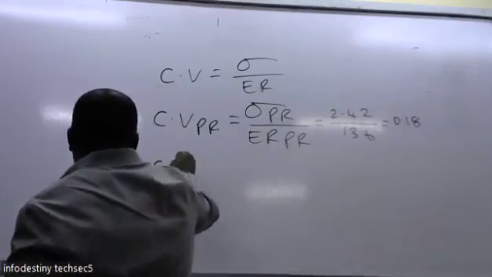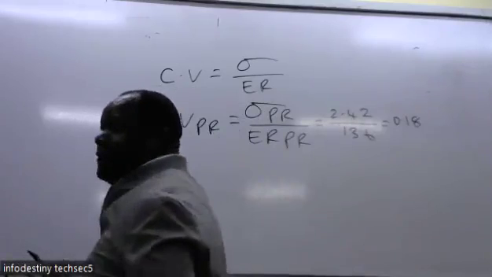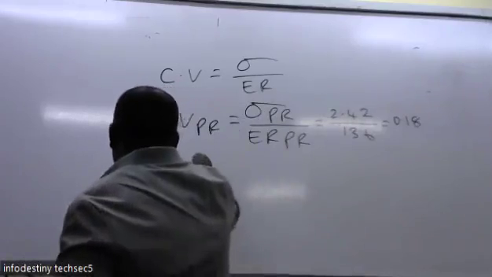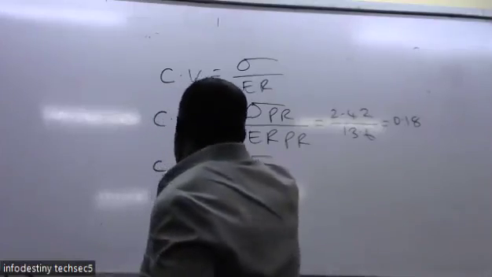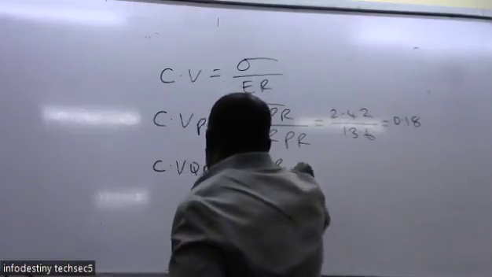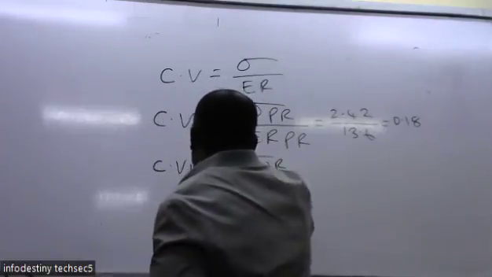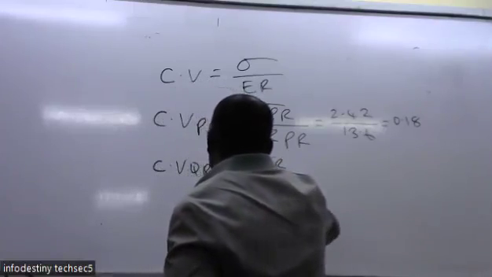We go to the second combination, QR. For the coefficient of variation for QR, you get the standard deviation of QR divided by the expected return of QR.